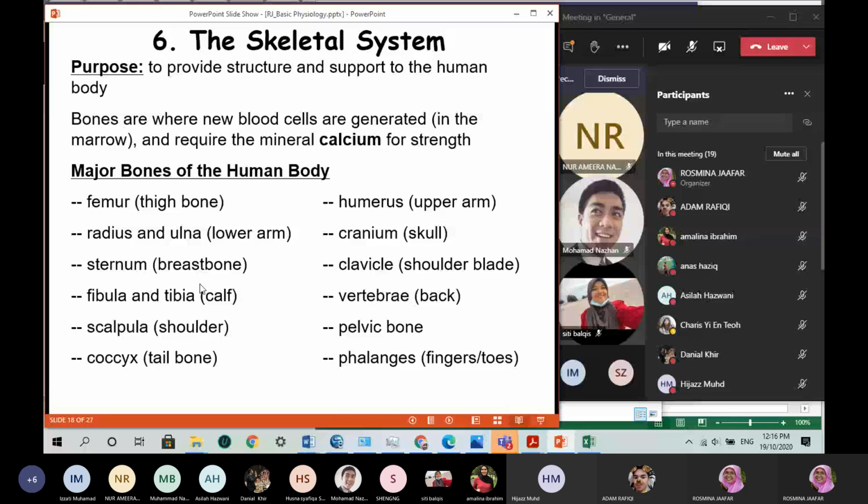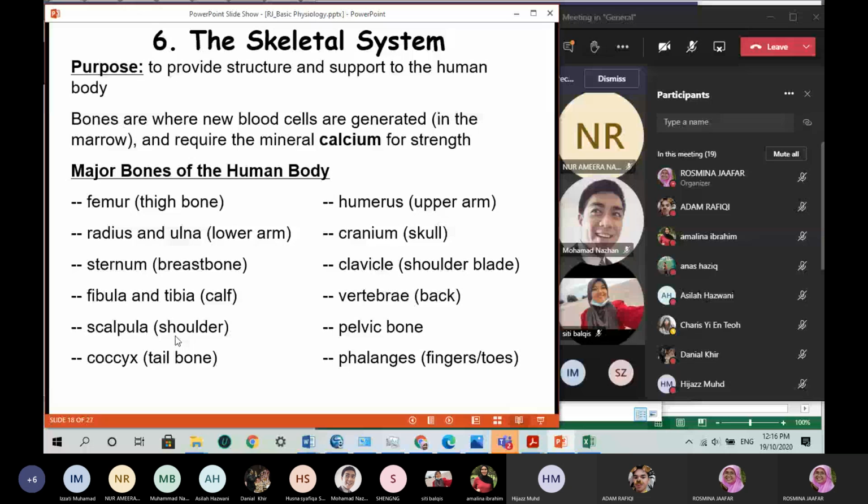Okay, and then at the lower limb, the calf, you have fibula and tibia. For your shoulder, you have the bone named scapula, your tailbone, coccyx, and so on.